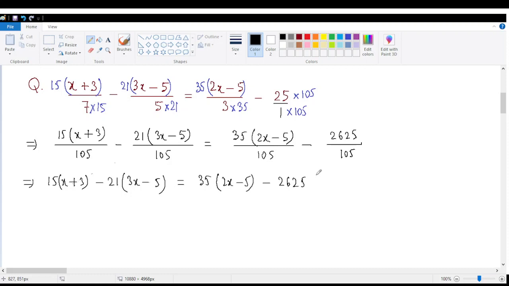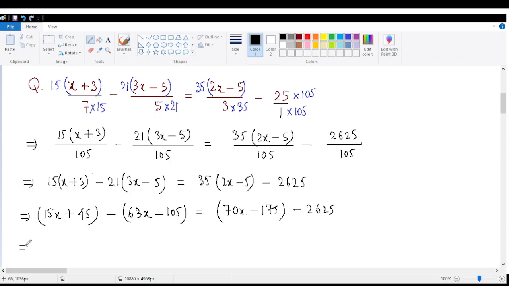So 15 times x, 15x, plus 15 times 3, 45, minus 21 times 3, that is 63x, minus 21 times 5 is 105. Here 35 times 2 is 70x, minus 35 times 5 is 175, and finally we have 2625.